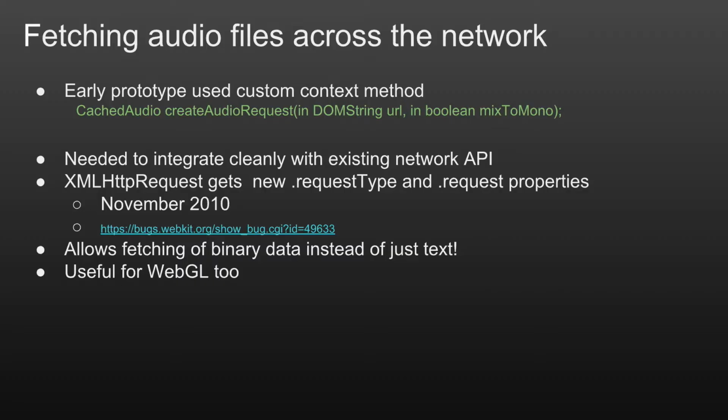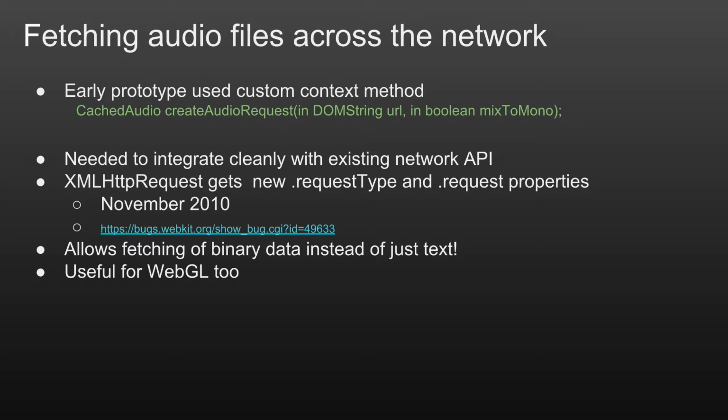So one sticking point that people had with the API was how to fetch audio resources across the network. I had this create audio request API where you give it a URL and it would go and fetch the WAV file or MP3 or whatever and do the decoding. But people didn't like that I had a separate network API. They wanted me to use XML HTTP request.